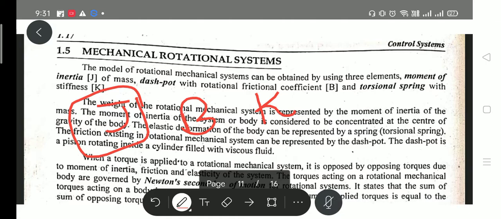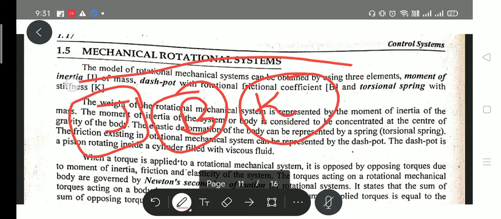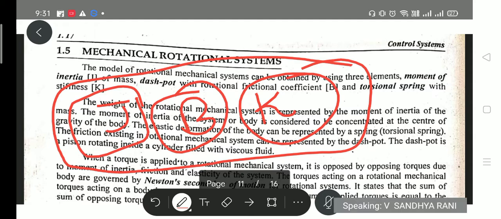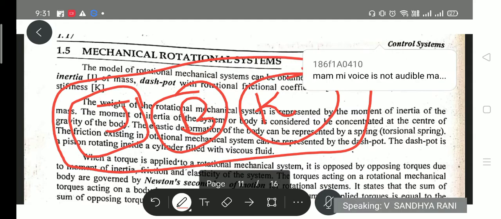Dashpot is the friction of the mechanical body. Spring is the elasticity of the body. These are the three elements in a mechanical rotational system. In the mechanical translation system, they are mass, dashpot, spring.